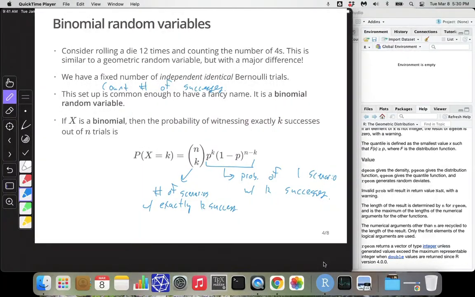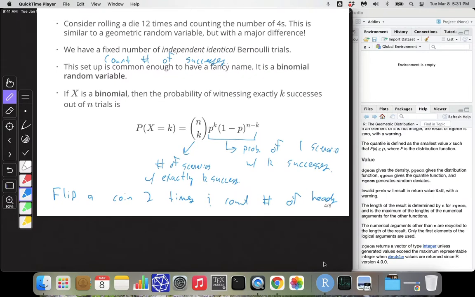Let's think of an even more simple example than our die experiment. If we flip a coin twice and count the number of heads, let's try to find the probability of exactly 1 heads using RStudio, and we'll go about this in a sort of naive way first, and then we'll use the fancy distribution commands like we did in the last video.